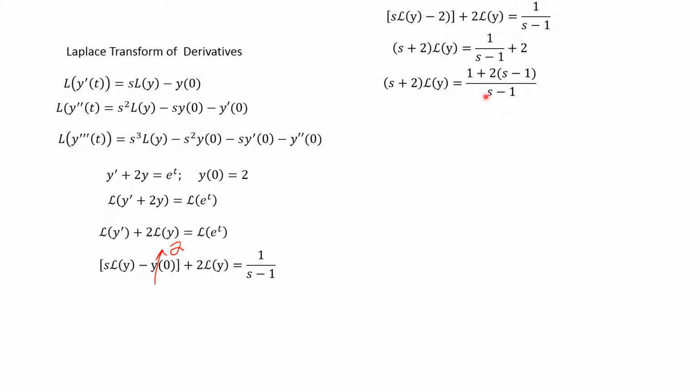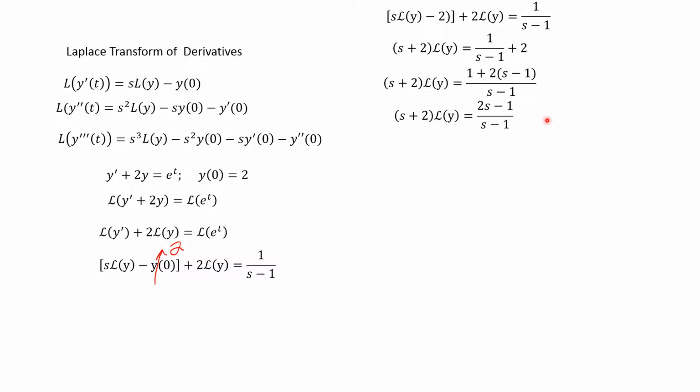The LCD is s minus 1, so s minus 1 divided by s minus 1 times 1, that is 1. S minus 1 divided by 1 times 2, that is 2 times s minus 1. Combine this, you have 1 plus 2s minus 2, that is the same as 2s minus 1. So 1 minus 2 is negative 1 over s minus 1.